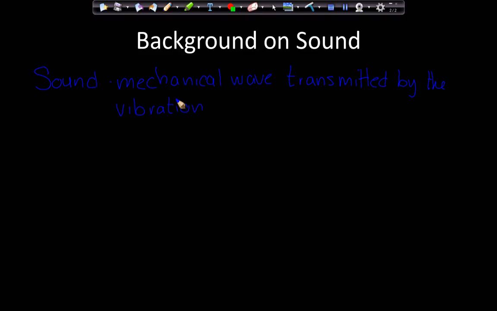Let me clear the screen here, and we'll go over what sound is and how it works. So sound, by definition, is a mechanical wave that's transmitted by the vibration of molecules.